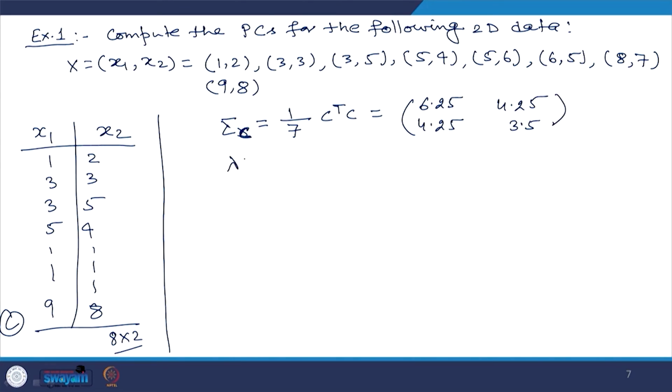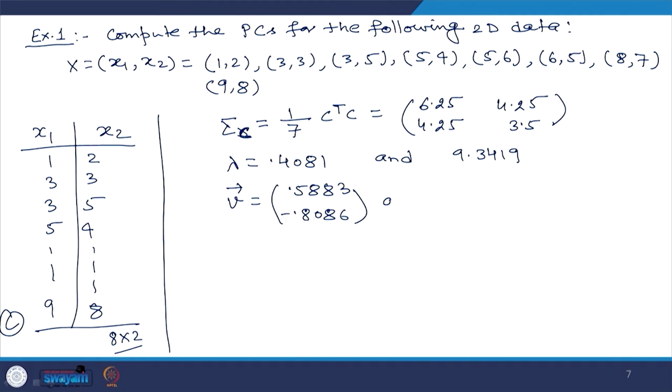Now, the eigenvalues of this are lambda equals 0.4081 and 9.3419. So the eigenvector corresponding to this eigenvalue, 0.4081, is 0.5883 and for the second one is 0.8086.